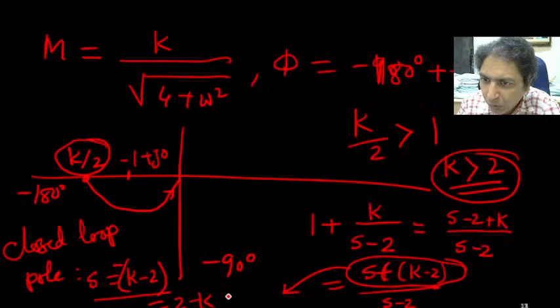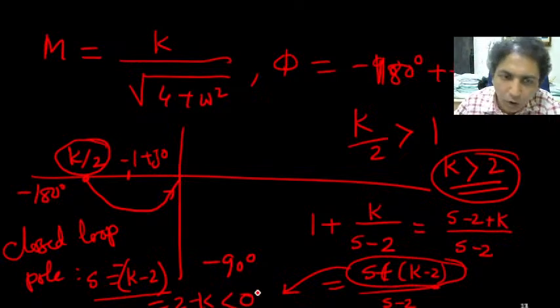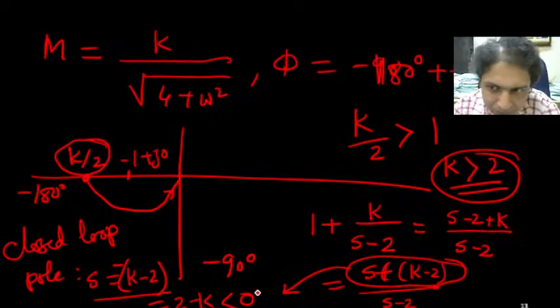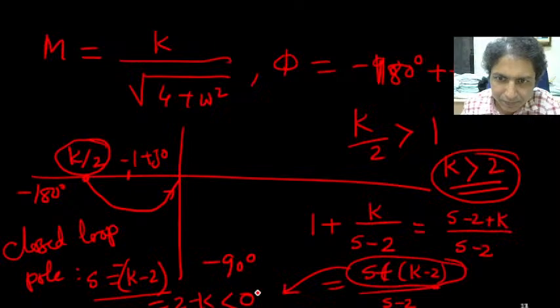If k is more than 2, this is negative, which means the pole will be on the left hand side of the S plane, so it is stable. Any confusion? Is it clear to all of you? Any doubt please? No. So let me discuss the next problem.